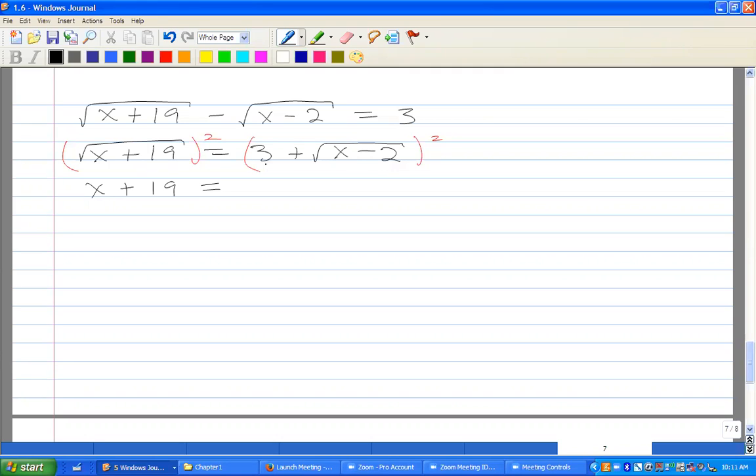I get 3 squared, 3 times radical times 2, 6 radical x minus 2, plus the radical squared. Well, the square gets rid of the square root, so x minus 2. And so let's combine like terms. So I get x plus 19 is equal to x plus 9 minus 2, 7, plus 6 radical x minus 2.